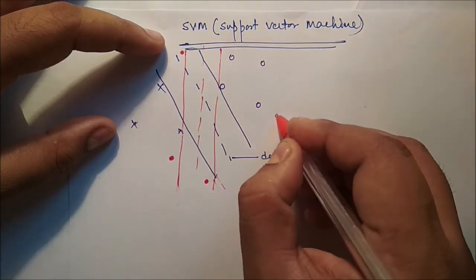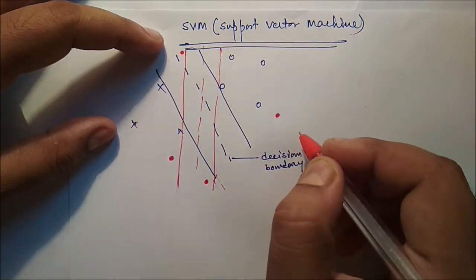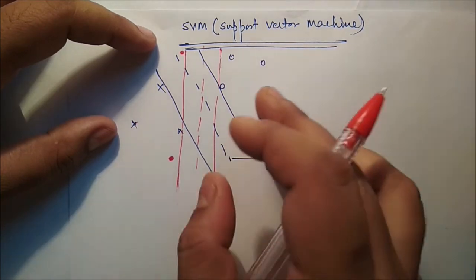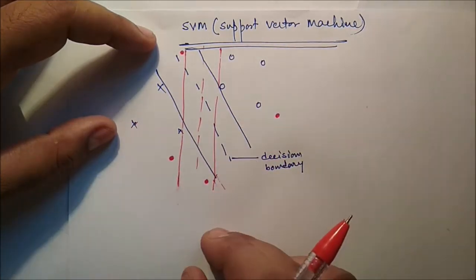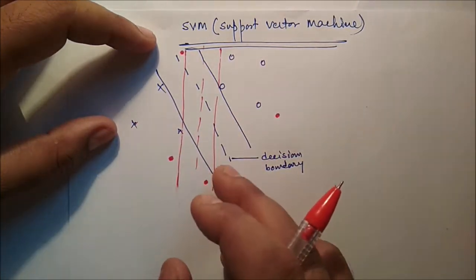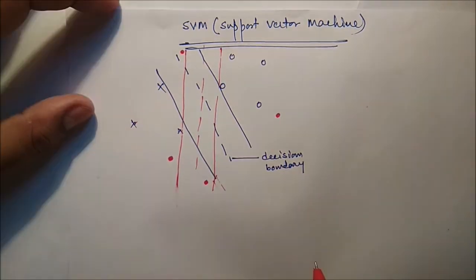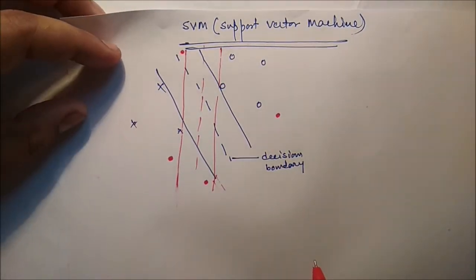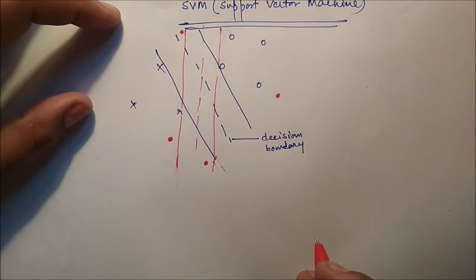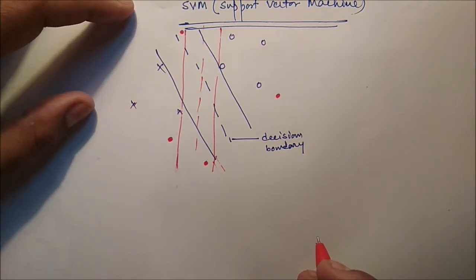Hyperplanes are there, but their performance differs. The classifier must choose one of these hyperplanes to represent its decision boundary, based on how well they are expected to perform on test examples.